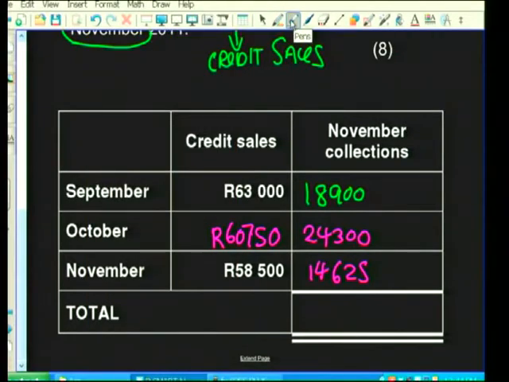So let's just write that down. 57,825. Okay, right, guys, this question here was for 8 marks, 8 simple marks, but be very careful with your calculations. Make sure, I know I haven't shown anything in brackets, but if you can, show your calculations in brackets, just in case you get these amounts incorrect.